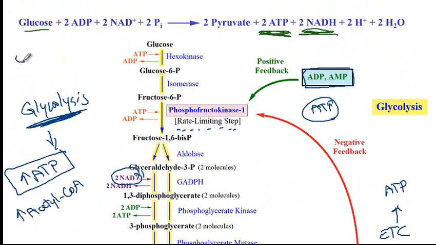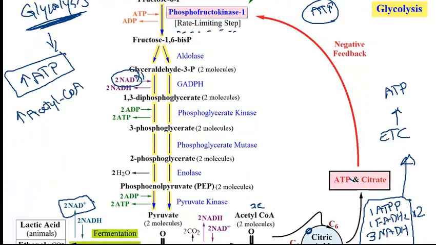So there we go. Glycogen breakdown gave us glucose 1-phosphate, which has now been converted to glucose 6-phosphate and can now resume glycolysis.